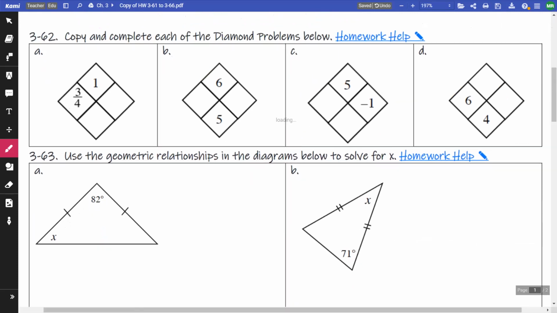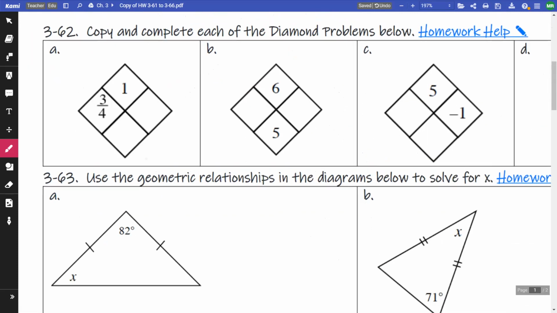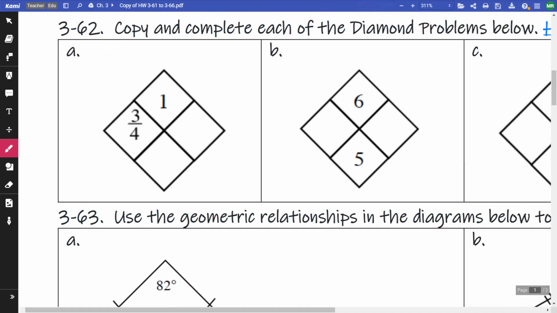Okay, so these ones are probably good on these, but I will go through this. So 3/4 times what gets us 1? It's the reciprocal, 4/3. And then when I add these together, I'm going to get a common denominator. So this side, if I times by 3 top and bottom, I get 9/12. This one, if I times by 4, I get 16/12. So that is going to give me 25/12.